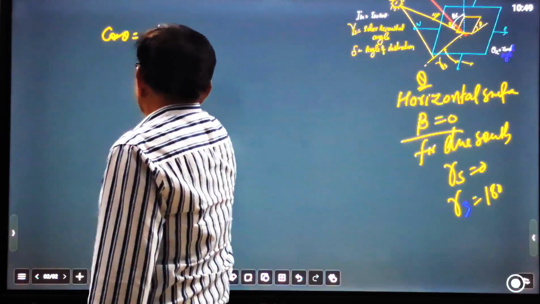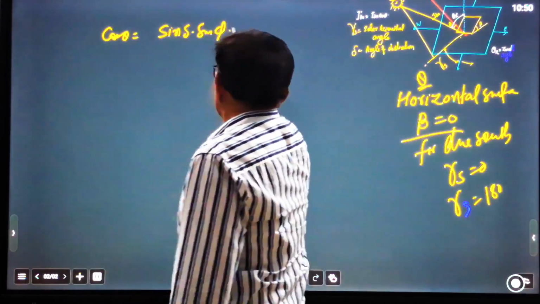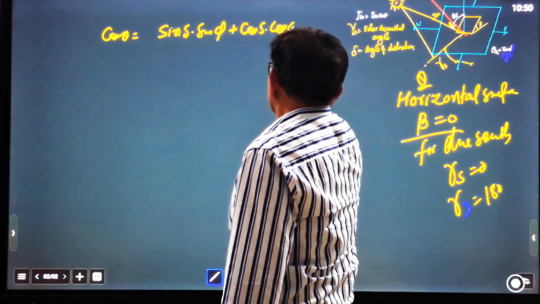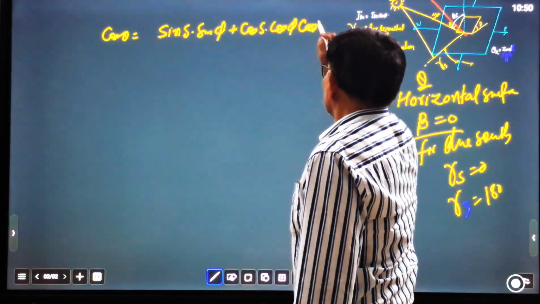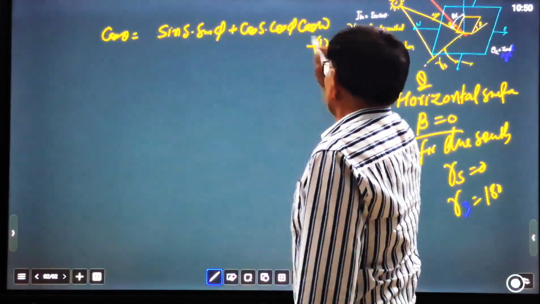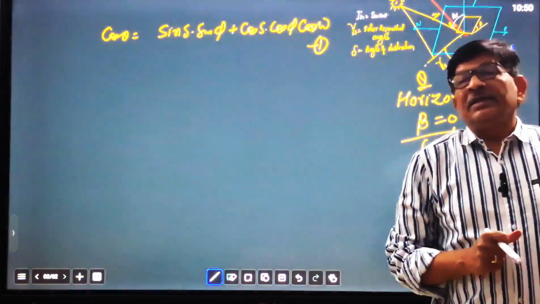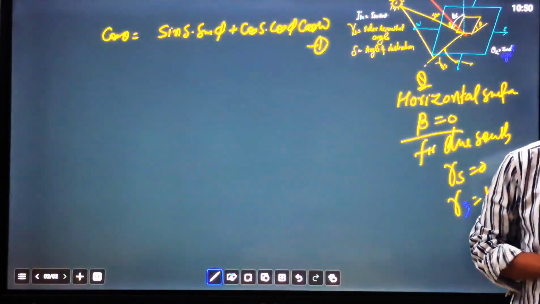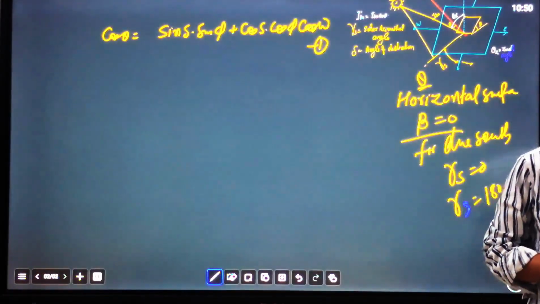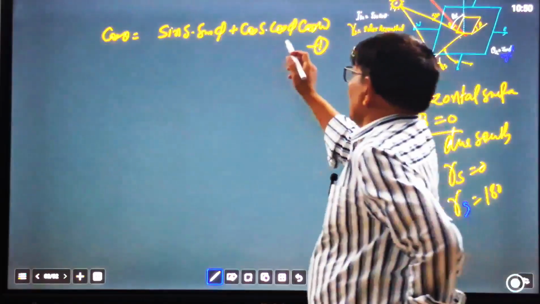Then cos theta equals sin delta sin phi plus cos delta cos phi cos omega. This equation is important for us for finding the daily and monthly average global radiation falling on the horizontal surface. For that case, beta becomes 0.